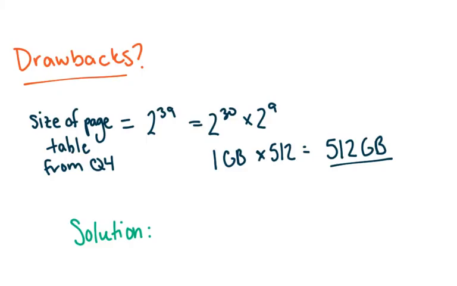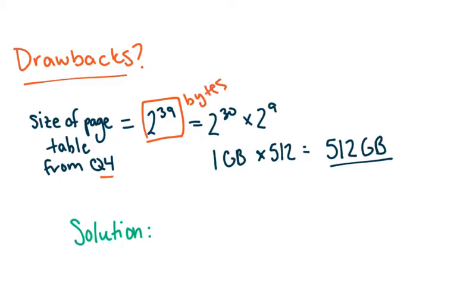So what are the drawbacks? In this paging example, we've used a single page table, and the problem with this is that these page tables can be huge. If we look at our example from before, from question 4, our page table was 2 to the 39 bytes.